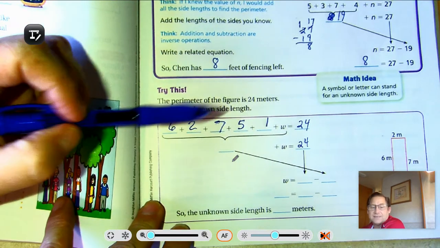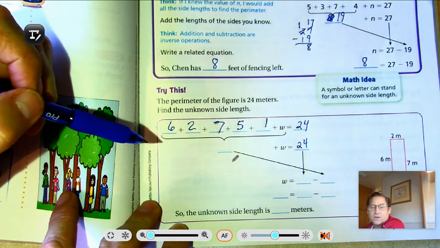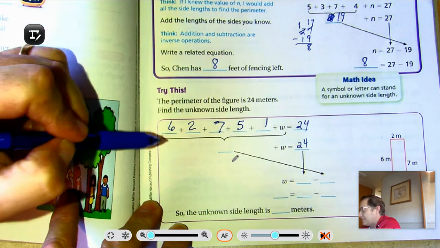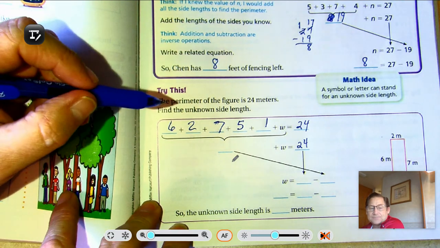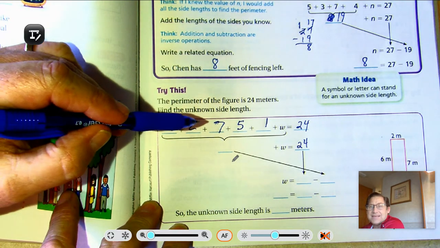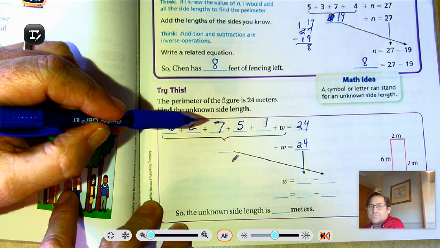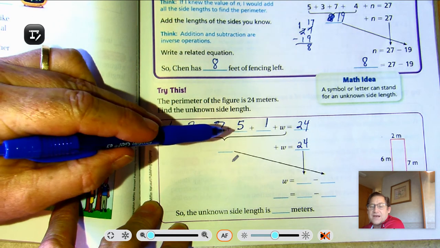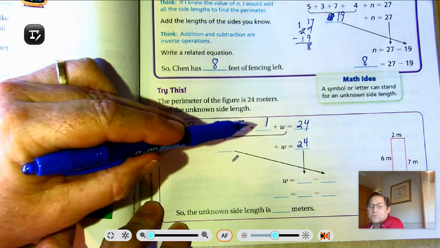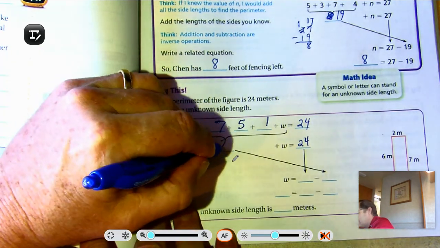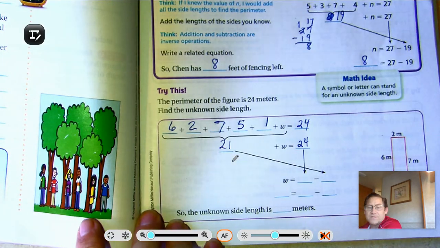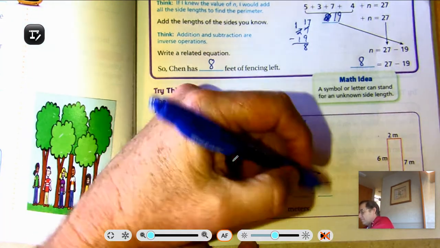What is the length of the sides we know? Well, 6 and 2 is 8. 8 and 7 is 15. 15 plus 5 is 20. Plus 1 more is 21. So 21 plus the unknown side is 24.